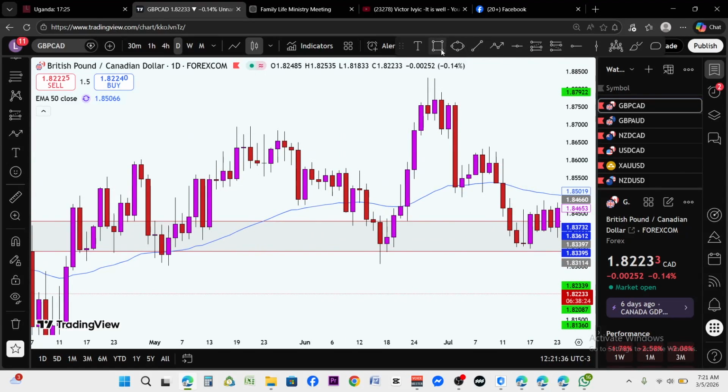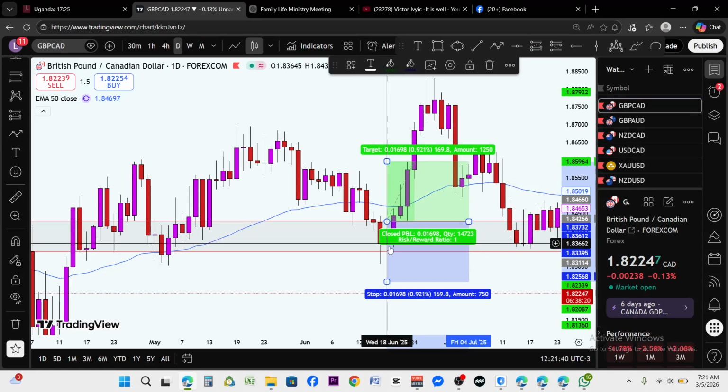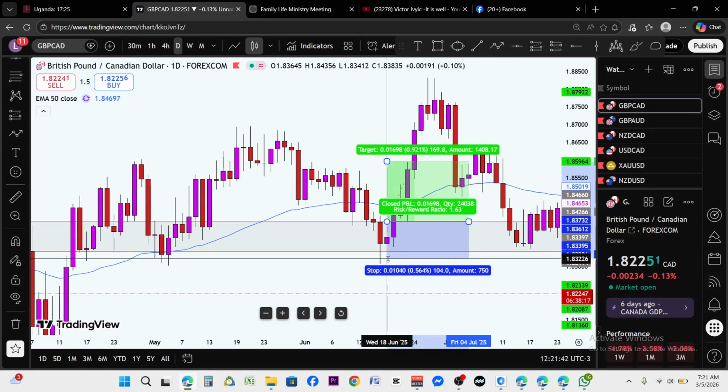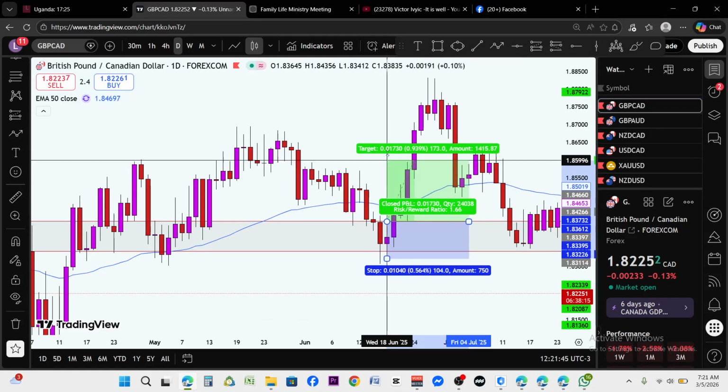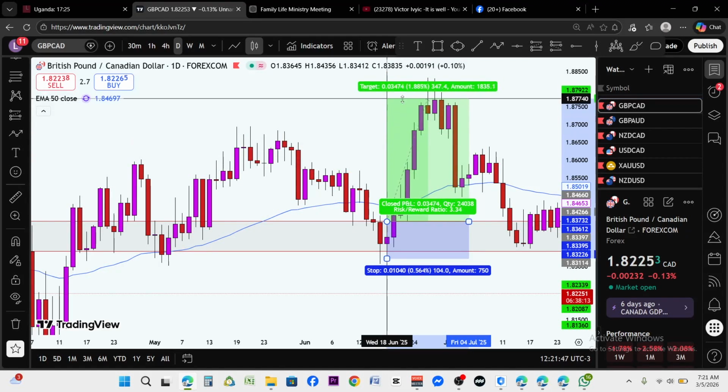Here is another support. I can enter here and target 2:5, which is the risk to reward ratio.